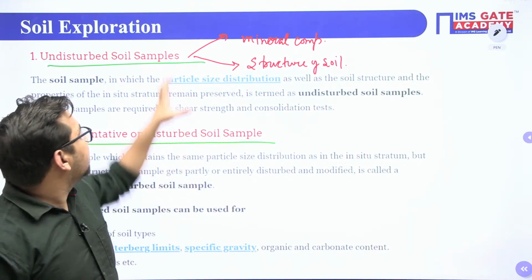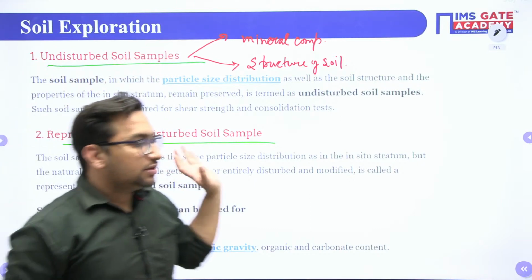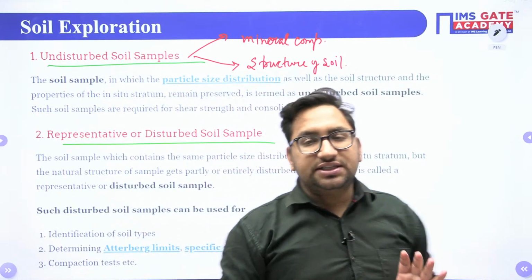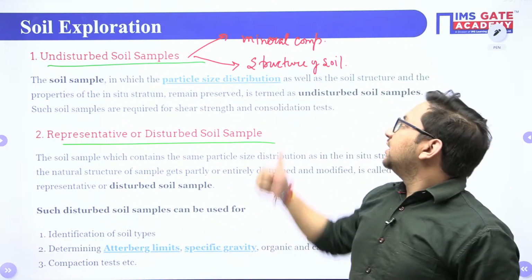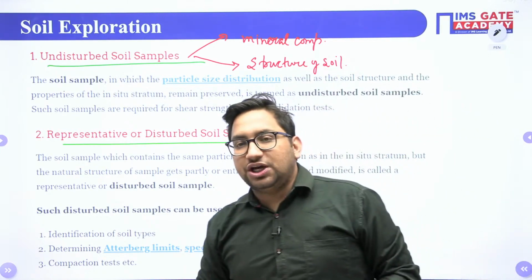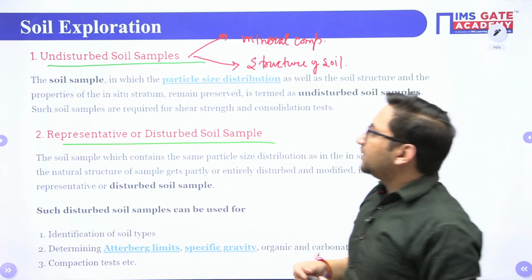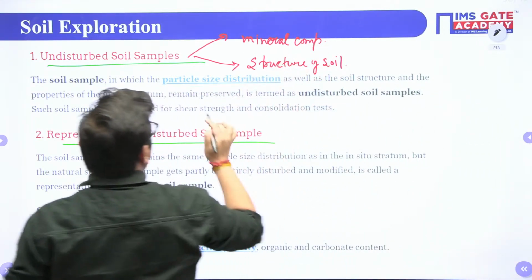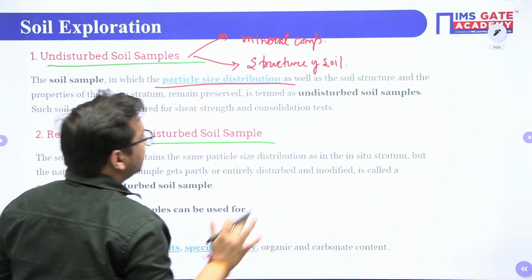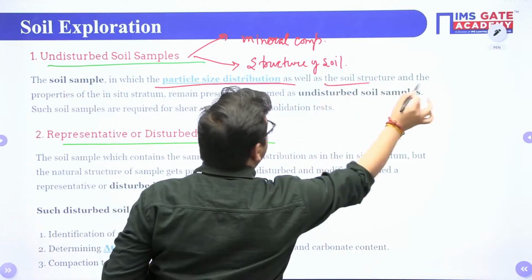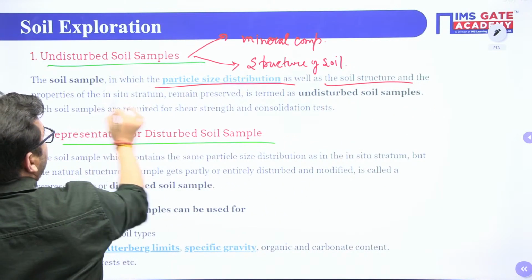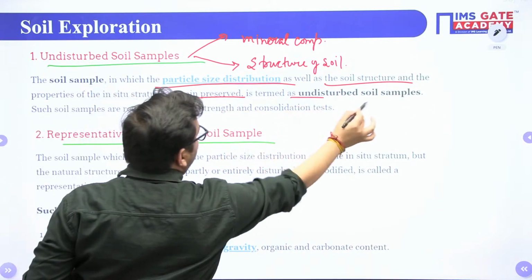So you can say this particular soil is an undisturbed soil sample if the mineral properties are not going to change and the structure of the soil is preserved. Mineral composition means particle size distribution is not changed, and the structure also remains preserved, so you'll call it undisturbed.